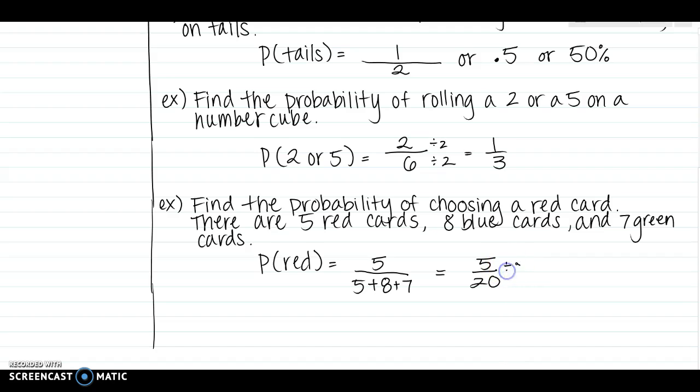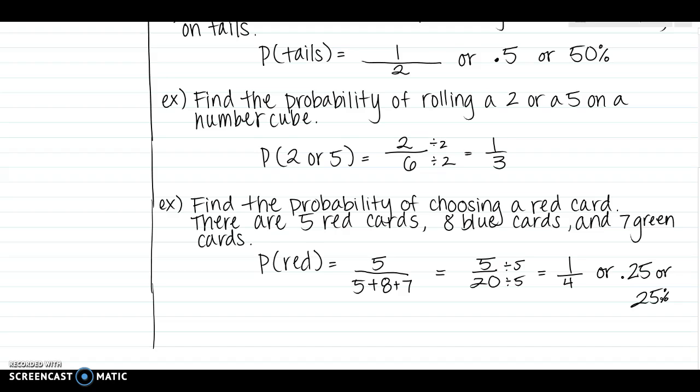So I'm going to go ahead and simplify by dividing by 5 to get 1/4. Okay, so you have 1/4 of a chance of choosing a red card. Again, as a decimal, we could look at this as 0.25, or as a percent, 25%.